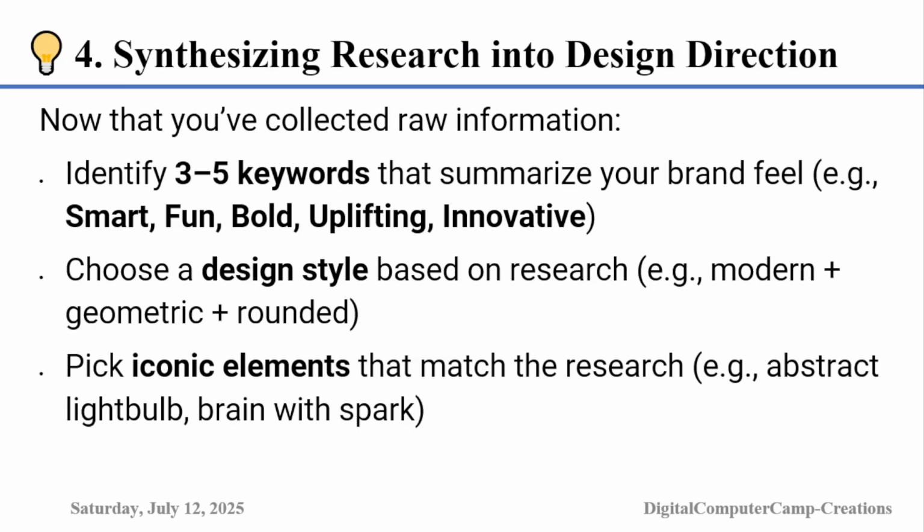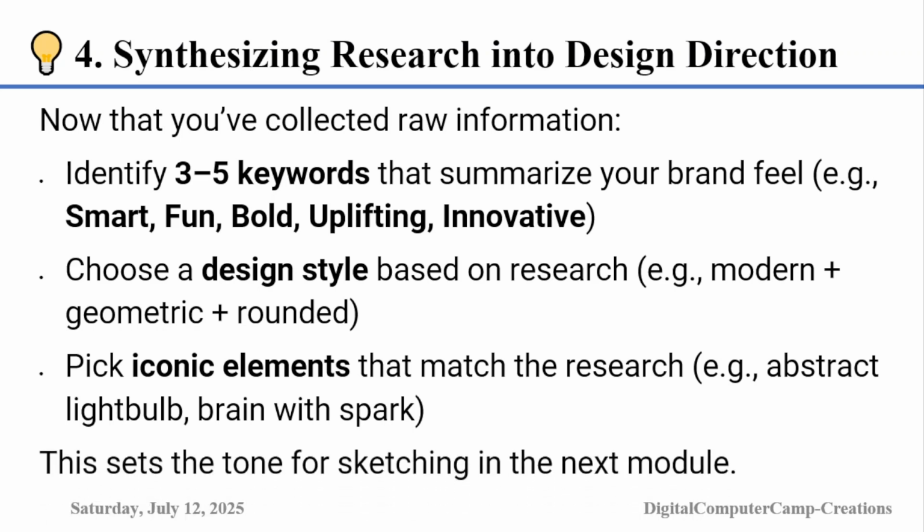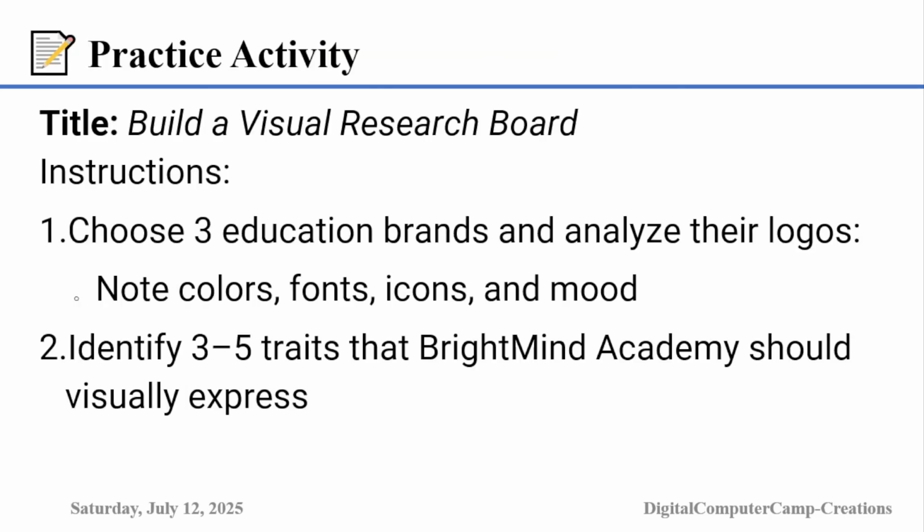Then pick iconic elements that match the research, for example an abstract light bulb or a brain with a spark. This sets the tone for sketching in the next module.